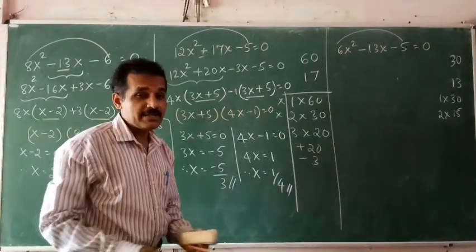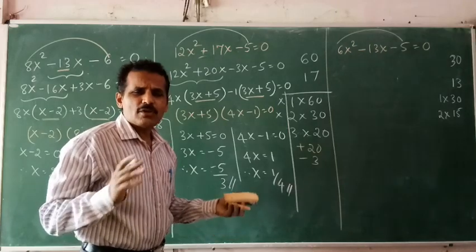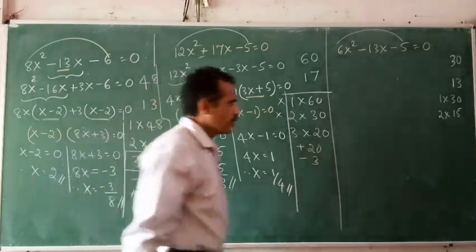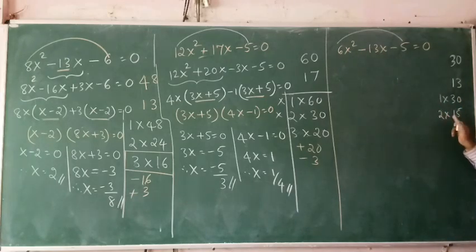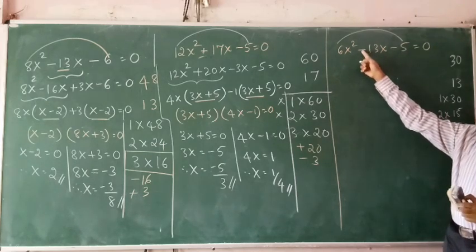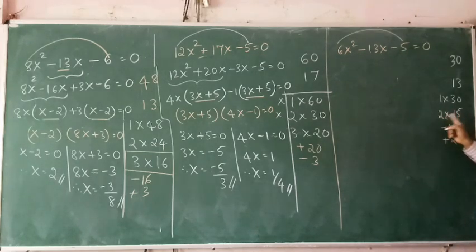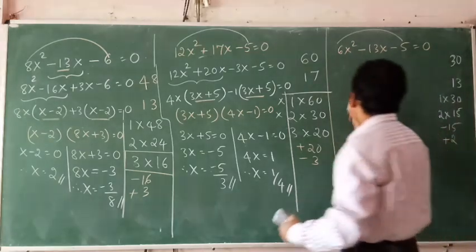Now the question of signs. You know very well, they should have one plus and one minus. Who to give which sign? This sign should go to the bigger number among these two. I can say minus 15 and plus 2. Okay, we can start now.